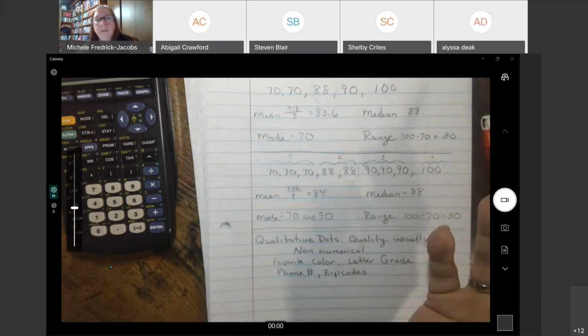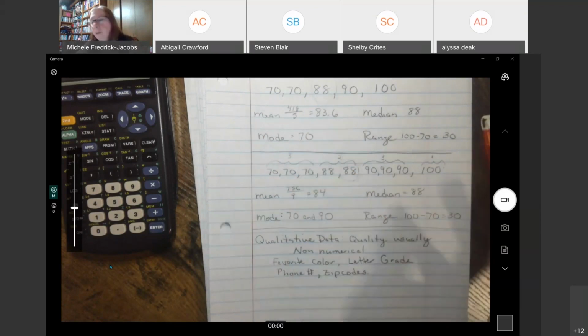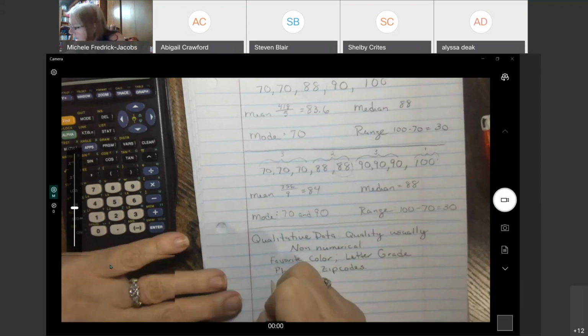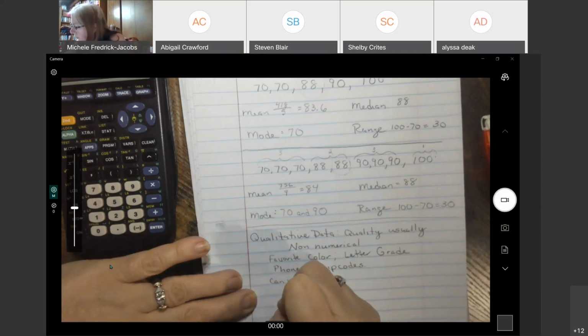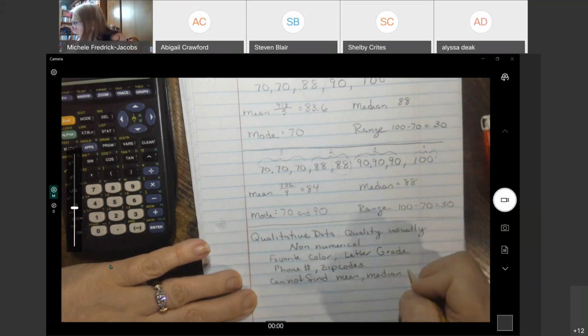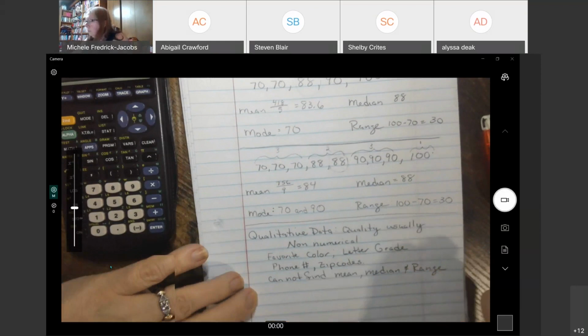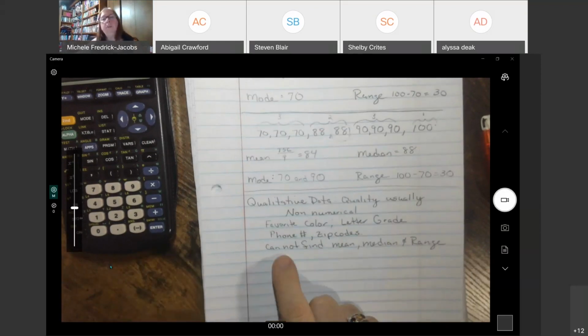Whichever letter grade was the most, whatever pet showed up the most. So for qualitative data, you cannot find mean, median, and range.